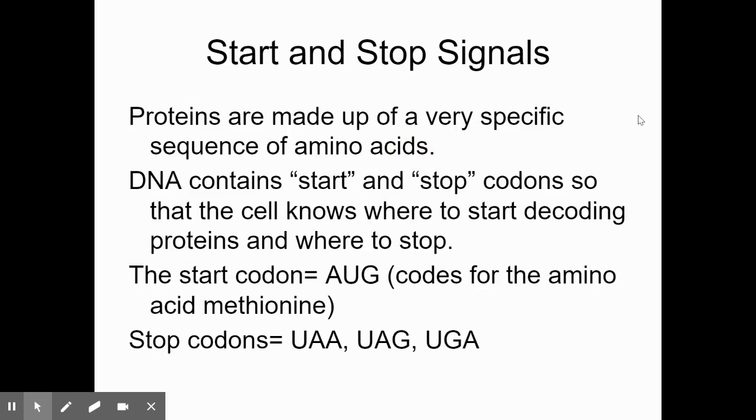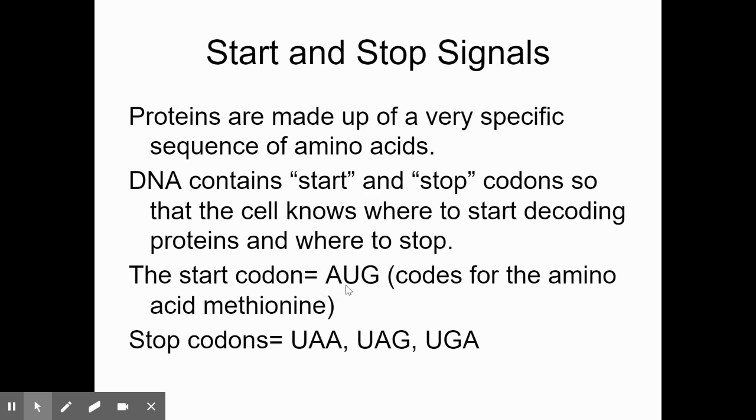But something really important to note, and this is actually the last slide of our video here: how do our RNA polymerase, our tRNAs and our ribosome know when to start and when to stop? Well, there are actually start and stop signals within our sequences as well. And the start codon is always AUG.